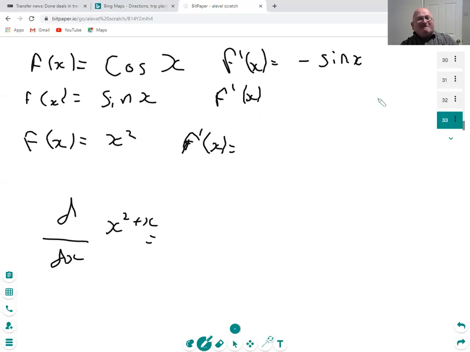So they both have different notation. I honestly can never remember which is which. I think this is Leibniz's notation, and that's Newton's notation. But if anybody's watching this who knows I'm wrong, then sorry.